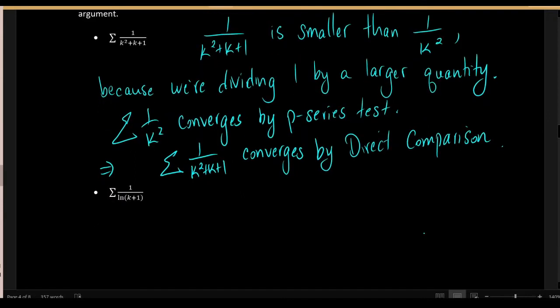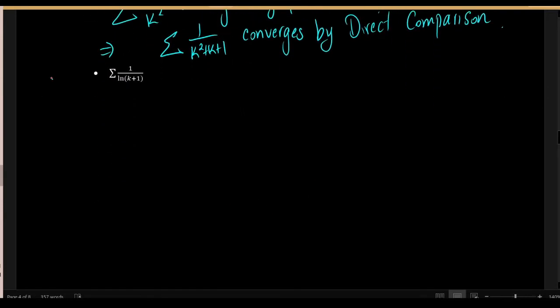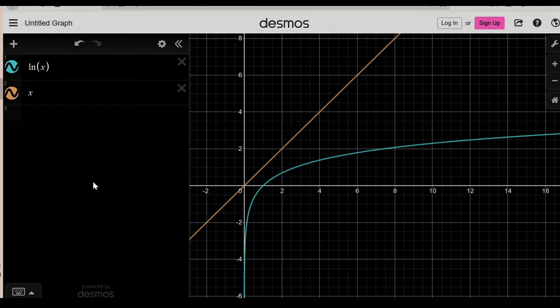Let's have a look at this second example. The sequence that we're summing up for this example is 1 over natural log of k plus 1. Now, in order to get an idea of what I can use for comparison, I've gone over here to Desmos. And I want to have a look at the function natural log of some input, let's just call it x, versus the input x.